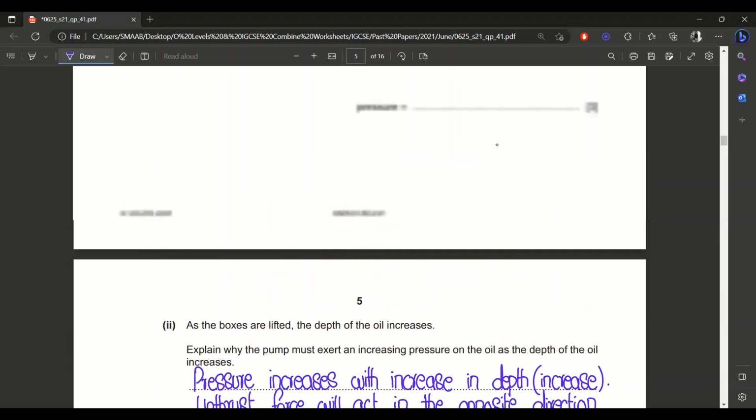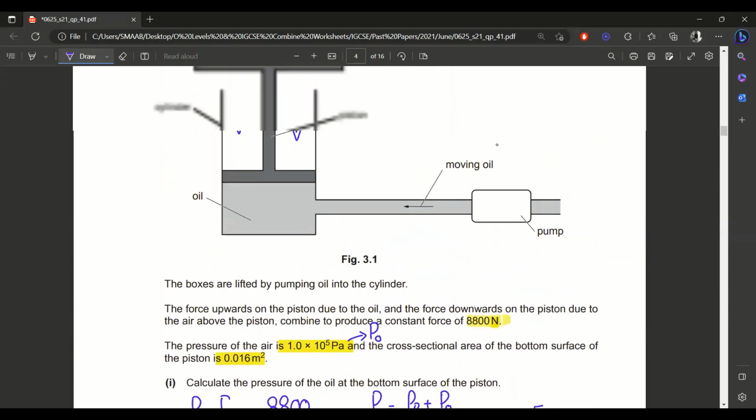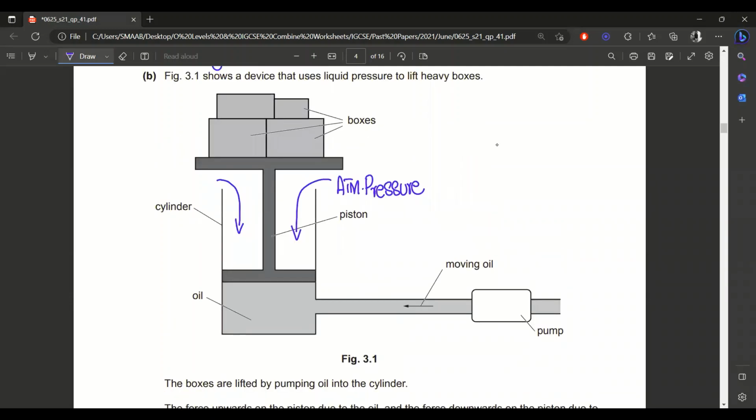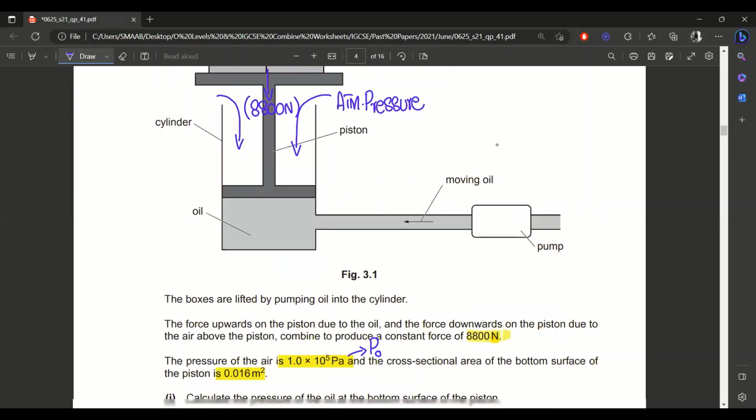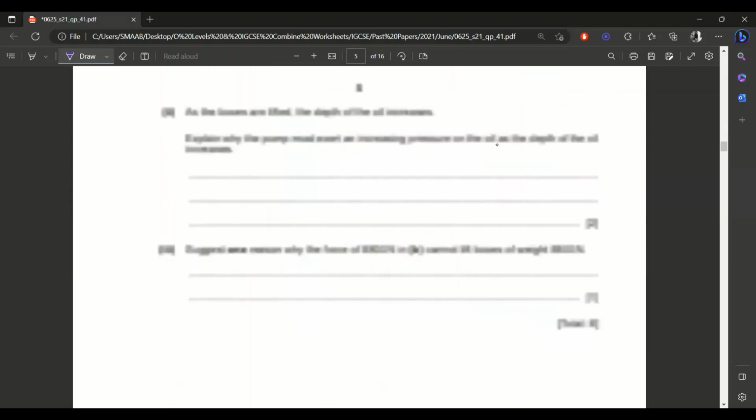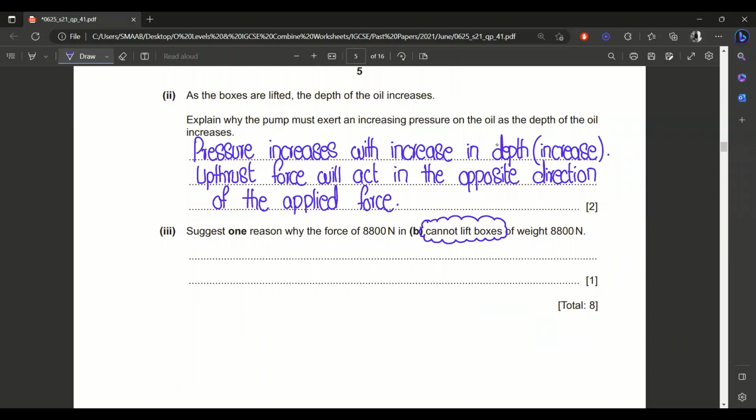And in the question they mentioned that the total weight of the box is equal to 8800 Newton, and they are asking why it is not possible to lift up the boxes of 8800 Newton. So any idea why the force of 8800 Newton is not enough? Because both quantities would cancel out.